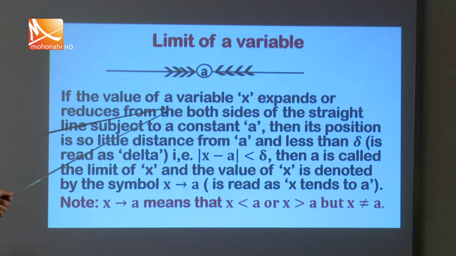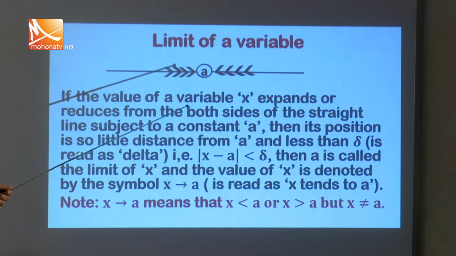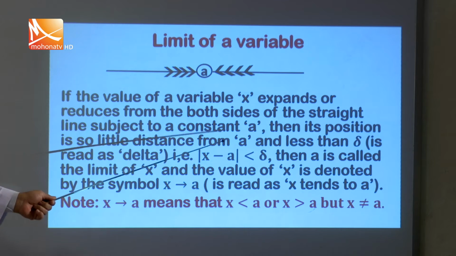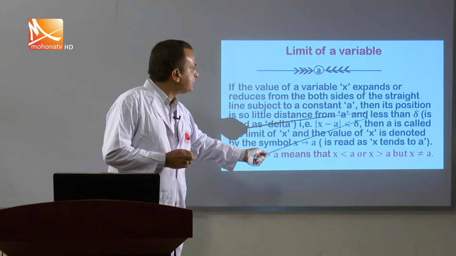If the value of a variable x expands or reduces from both sides of the straight line with respect to a constant a, then its position is at so little distance from a, that is, the absolute value of x minus a is less than delta.